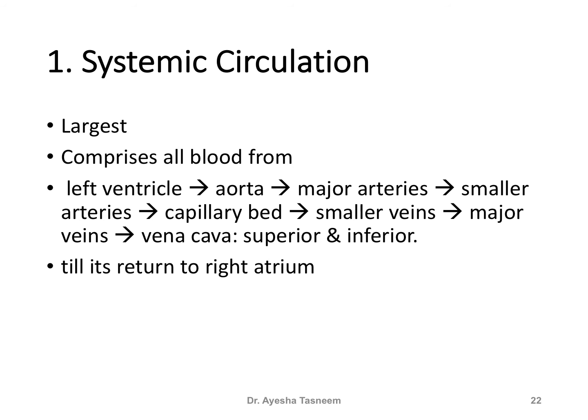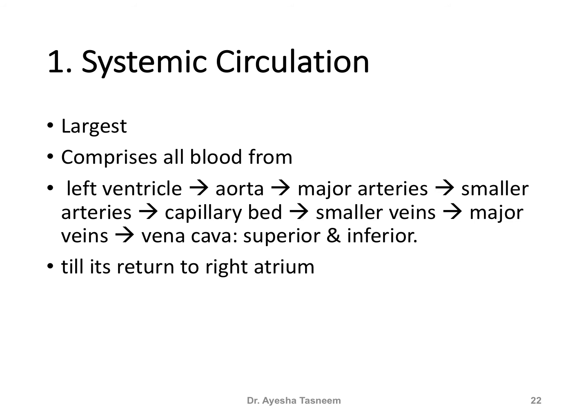The whole circulation is summarized here. All the blood from the left ventricle goes into the aorta, then into the major arteries, then smaller arteries, then the capillary bed. From the capillary bed, the blood is collected by small veins, then major veins, and the blood again returns to the heart by the superior and inferior vena cava.